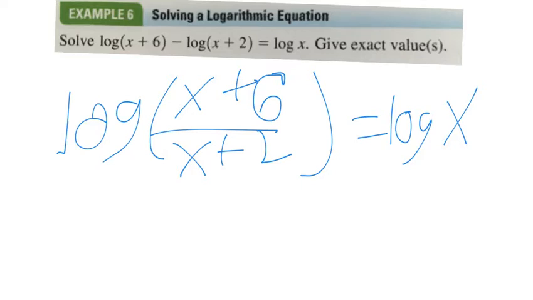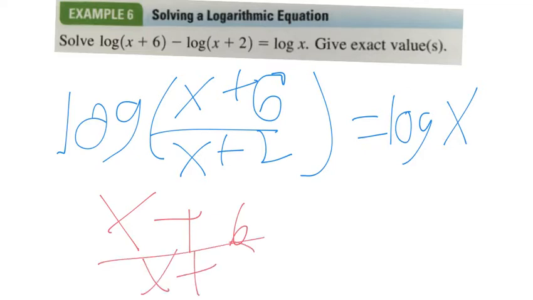Now, since we have two things that are equal, and the logarithms have the same base, that means their inputs must be equal. The x plus 6 over x plus 2 equals, not log of x, it just equals x.